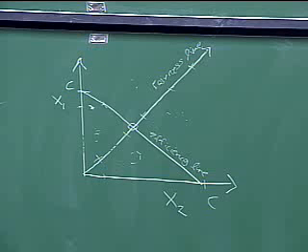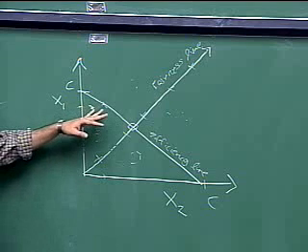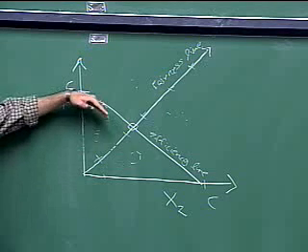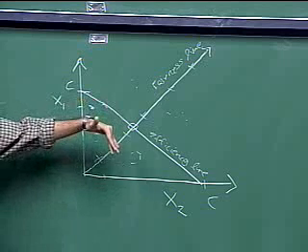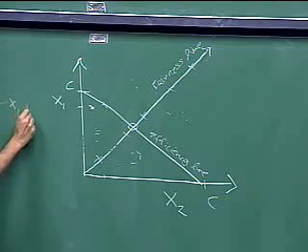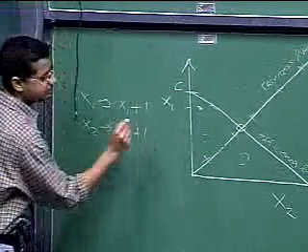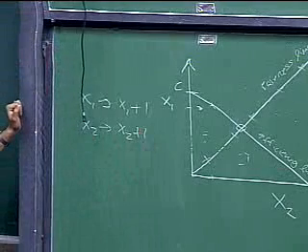According to the additive increase scenario, what is going to be the next point if you are still uncongested? How is this point going to move? In the next round, x1 will become x1 plus 1, x2 becomes x2 plus 1, right?